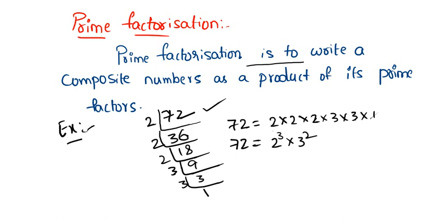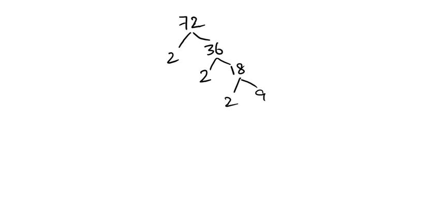The method is the same but the representation is different. Here 72 is written as 2 times 36, then 36 as 2 times 18, then 18 as 2 times 9, and 9 as 3 times 3.